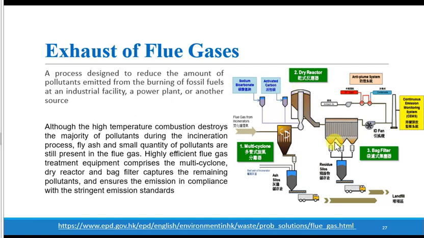Then we pass them through the bag filter, which you can see here, and residue can be extracted from here. Then we pass the flue gases to this chimney, and they go outside at some height.